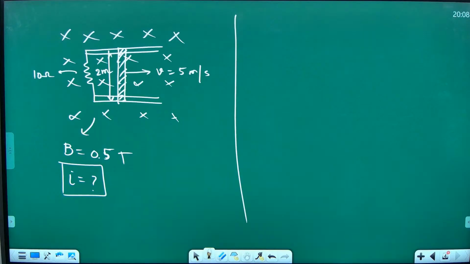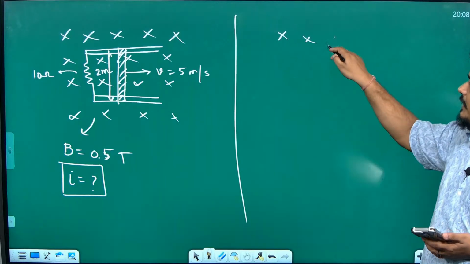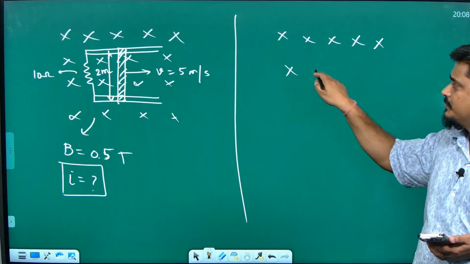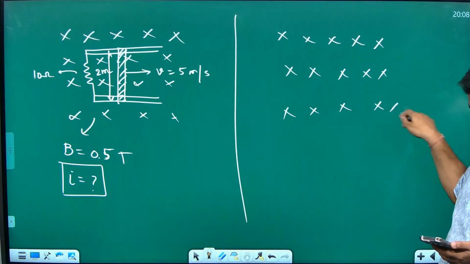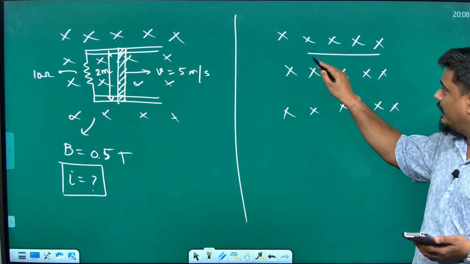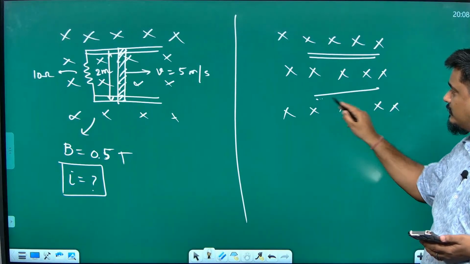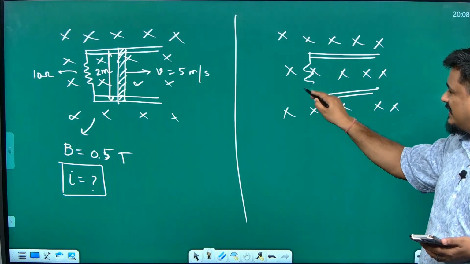Shall I give? Diagram is very similar. There is into the plane magnetic field. There is rail. There is resistor.